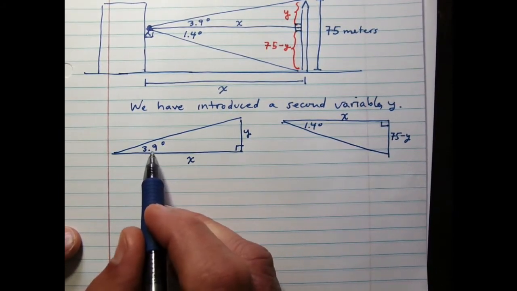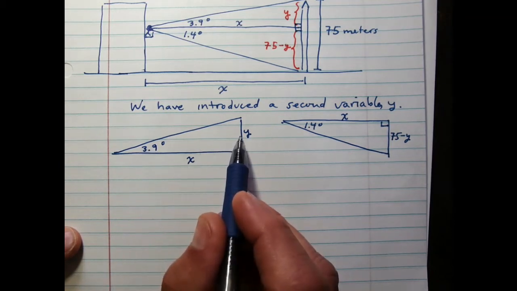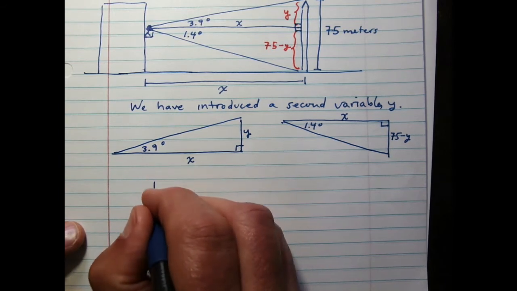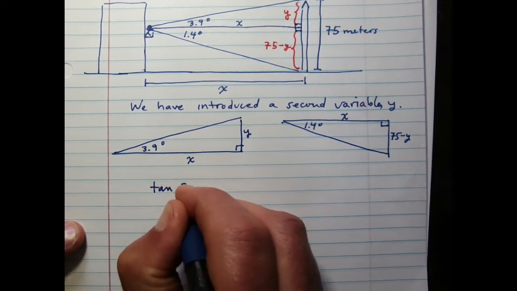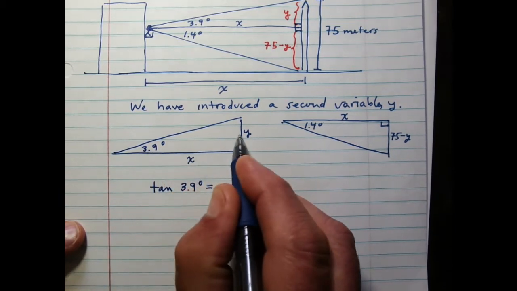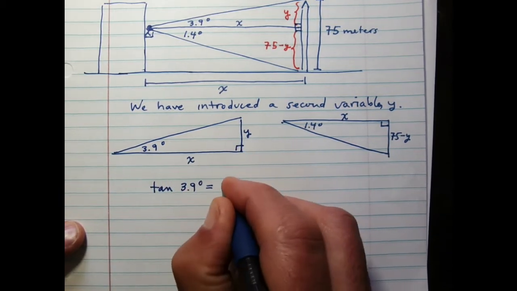And for both of these triangles, I have an angle with an opposite and adjacent side. So let's go with tangent. Tangent of 3.9 degrees equals opposite over adjacent. So opposite is y over x.